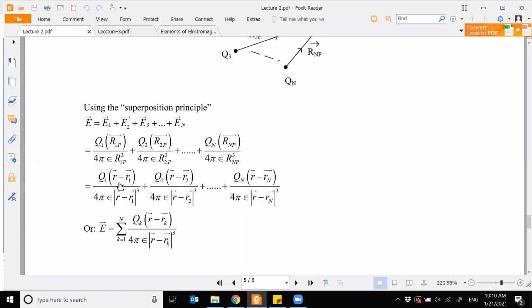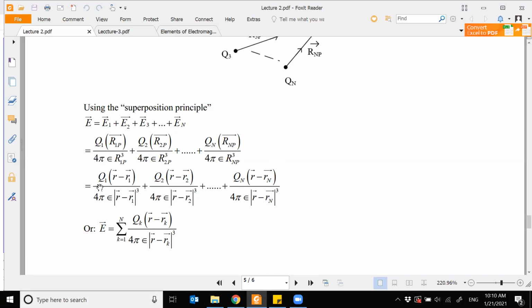So what is your R here? Your R is the position vector of your point of interest. It is the position vector which is giving you the location of your point of interest. And R1 is the position vector which is giving you the location of your charge Q1. So therefore, this is for charge Q1, this is for charge Q2, and so on.